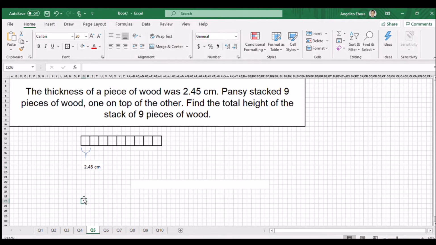Now we're looking for the total height of the 9 pieces. So 1, 2, 3, 4, 5, 6, 7, 8, 9. You can add 2.45 nine times, or you just multiply it by 9, because we need to find all together.